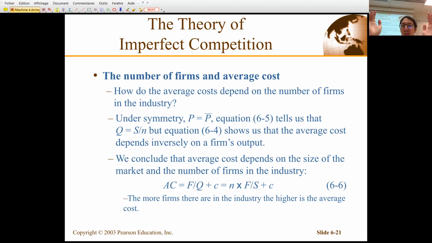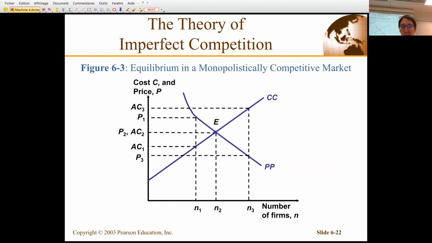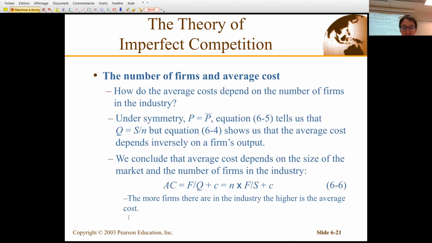If you have 5 firms on the market, the total production of the market is larger, but each single firm sells a smaller portion of the market. So that's the first aspect. This is the CC curve.